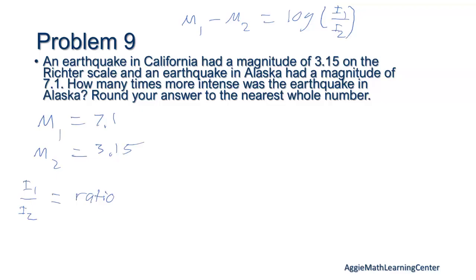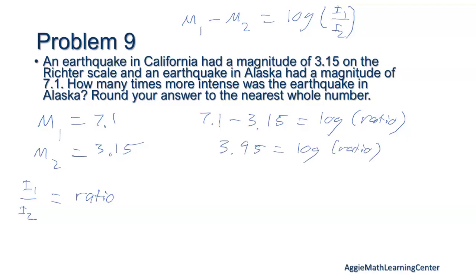If we plug those back into our equation, we have 7.1 minus 3.15 equals log of the ratio. 7.1 minus 3.15 is 3.95, which equals the log of our ratio, and our ratio is what we're trying to find.